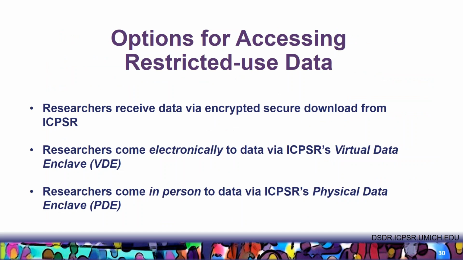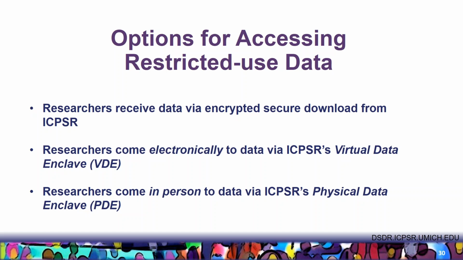So DSDR and ICPSR has three ways of providing access for restricted use data. To begin with, the researcher receives the data via an encrypted secure download from ICPSR. That's kind of the traditional way people always used to get data. But one of our growing areas has been that the researchers come to the data electronically and use our virtual data enclave.